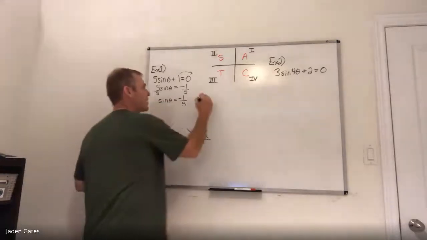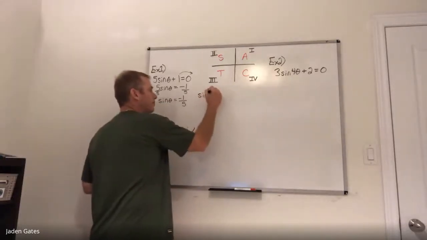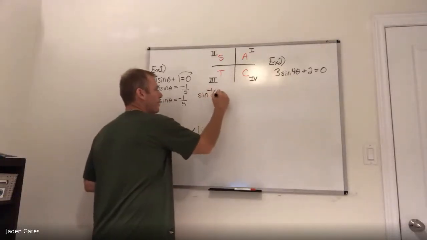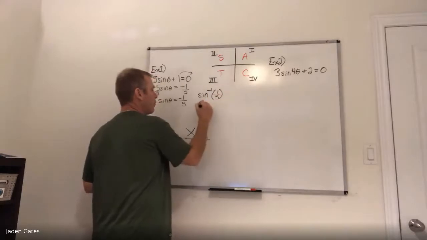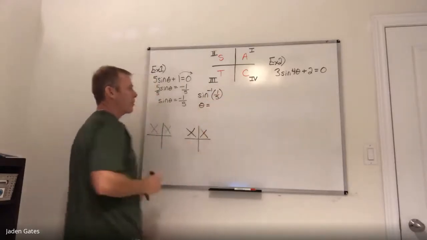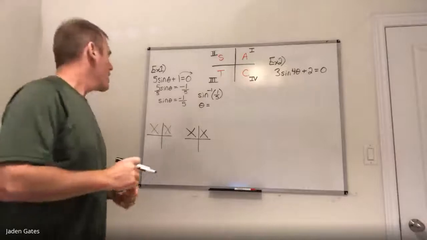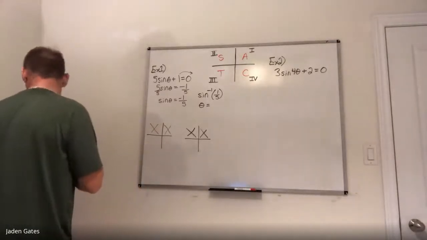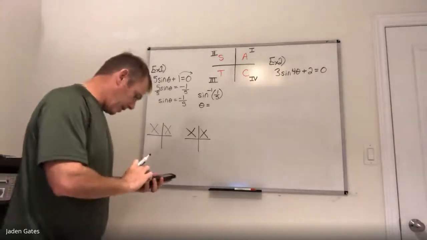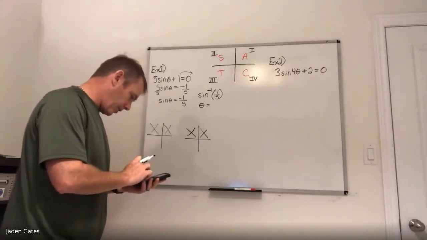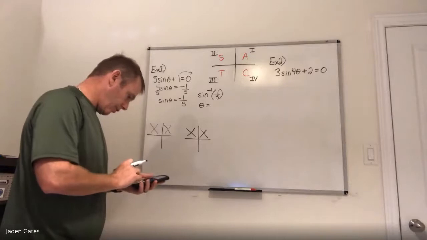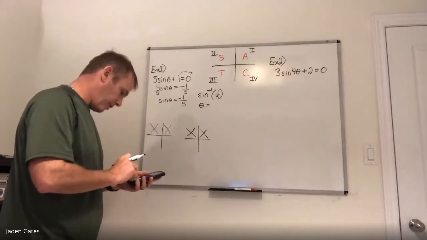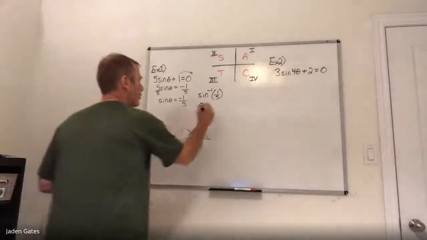But now I'm going to take the sine inverse of 1/5. Not -1/5, but 1/5. And that will tell me what my acute angle is. And so if I take the sine inverse of 1/5, I get 0.2.